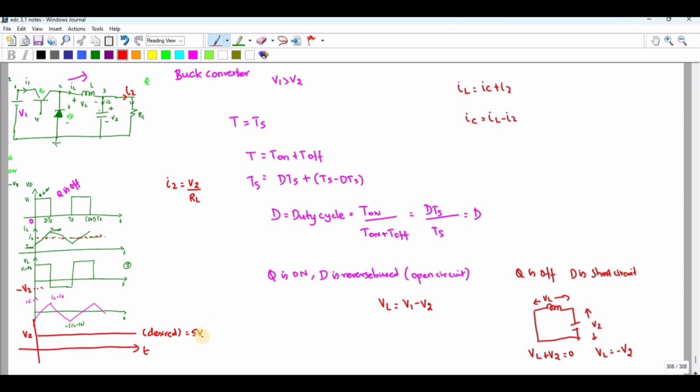There is a change in V2 because of this current. So these are the obtained values.